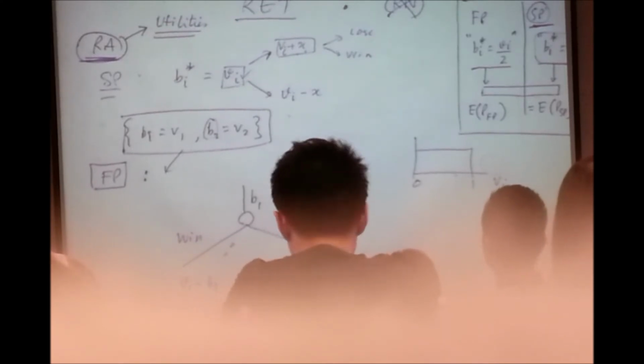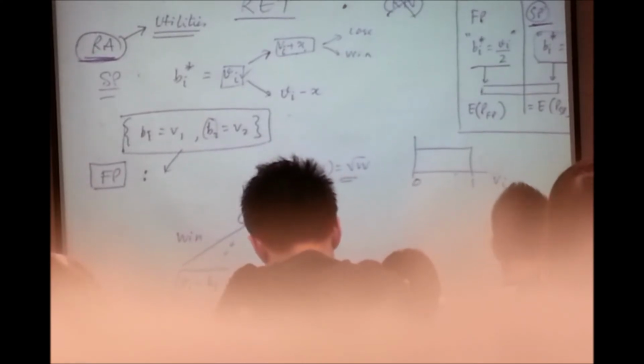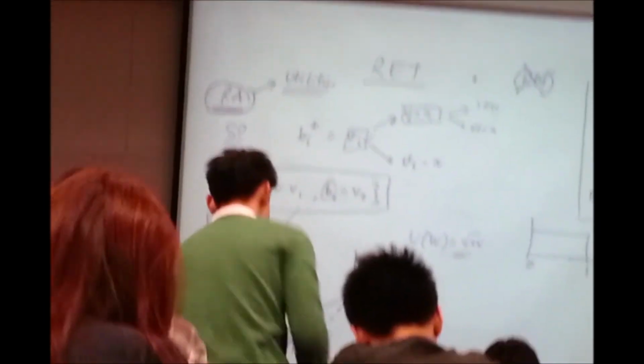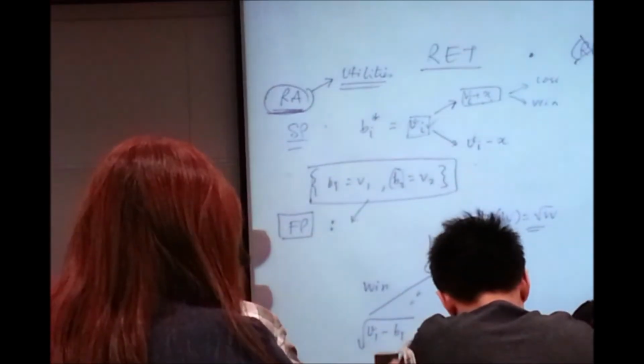If I win, I will get v1 minus b1, but notice this is a dollar value. I am risk averse. I really don't care about this. I care about the utility that I get. If I lose, I will get a payoff of 0, but I don't care about the dollar value. I care about the utility value. So I get a utility of 0. These are the utilities I will get from winning and losing the auction.